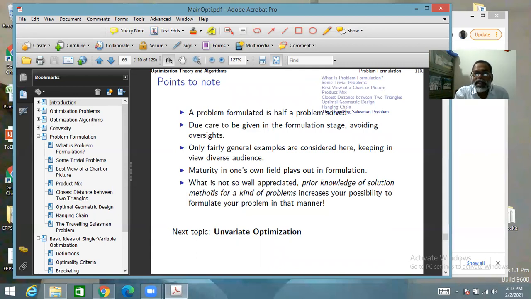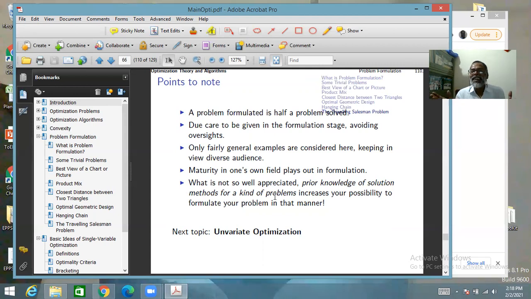And there is one more thing which is not so well appreciated, that prior knowledge of solution methods for a kind of problems increases your chance of formulating the problem in the first place. Otherwise, even if you know the subject matter of your own field very well, if you don't have a priori knowledge of how to solve certain problems, you are very unlikely to formulate a problem of your own field in a form in which you don't know how to solve it.